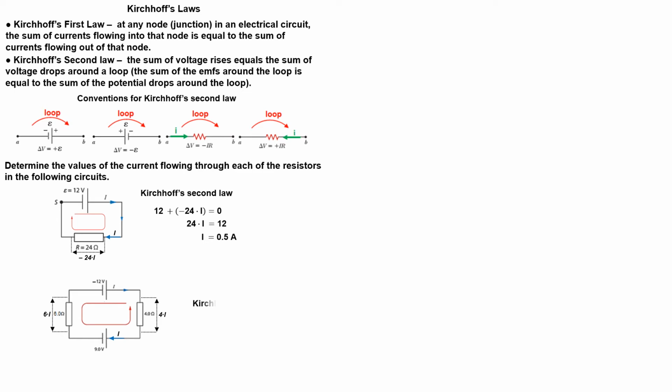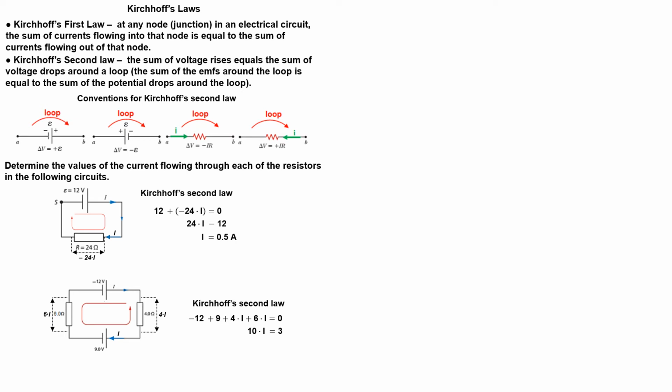We now apply Kirchhoff's second law. The sum of the potential differences across all the elements around any closed circuit loop must be zero. The cells give minus 12 plus 9, and the resistors give plus 4 times the current and plus 6 times the current.